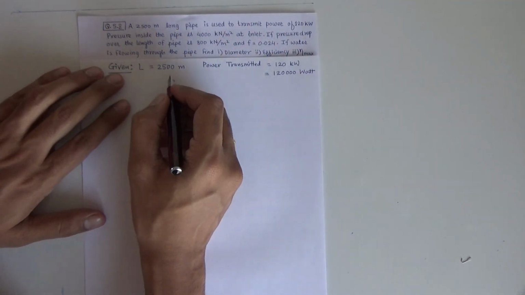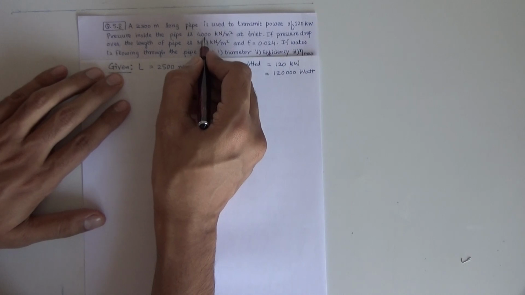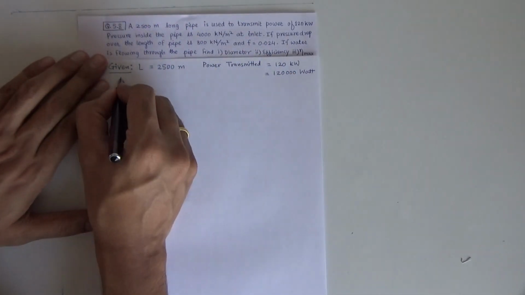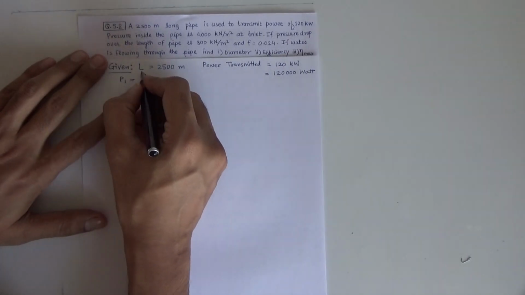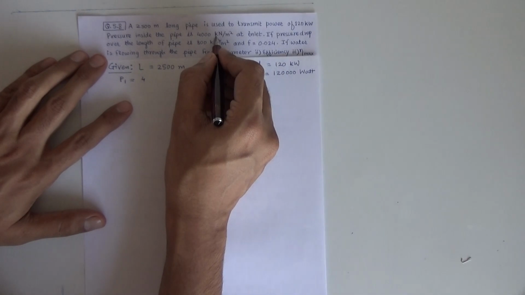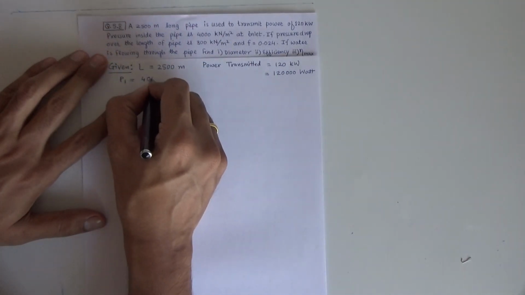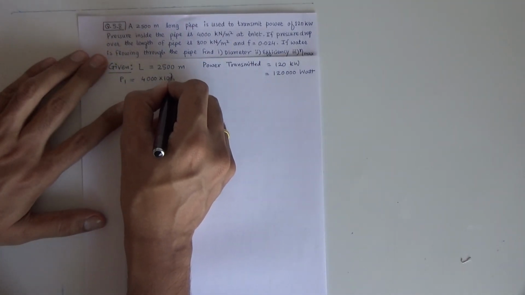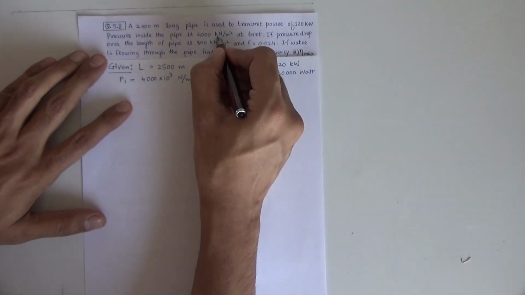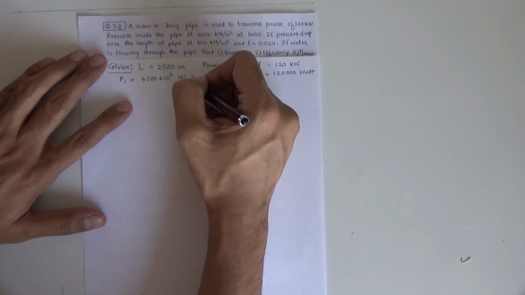Pressure inside the pipe is 4000 kilonewton per meter square at inlet. So I can write this as P1, the inlet pressure, is 4000 kilonewton, kilo means 10 raised to 3, so 4000 into 10 raised to 3 Newton per meter square.